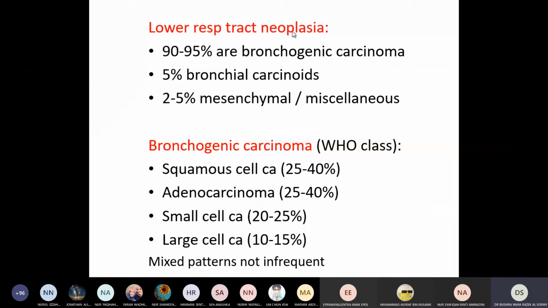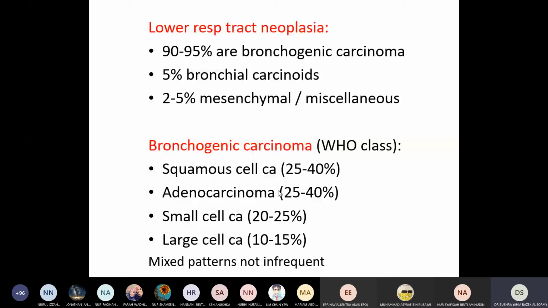Okay, for lower respiratory tract neoplasia, 90 to 95% are bronchogenic. Most of the lower respiratory tract tumors are bronchogenic carcinoma. 5% are bronchial carcinoid, 2 to 5% mesenchymal, and others. For bronchogenic carcinoma, according to WHO classification, we have squamous cell carcinoma, the commonest one, 25 to 40%.